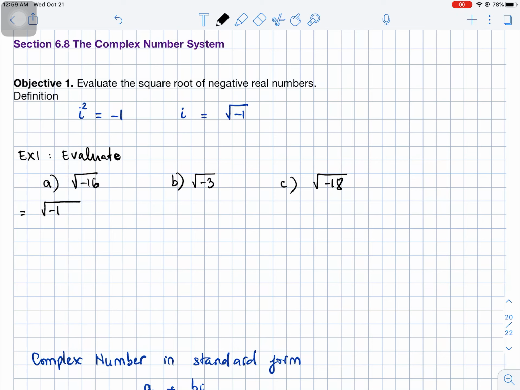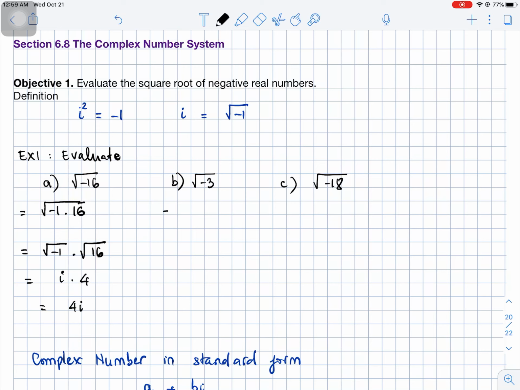Example number 1. We want to evaluate the square root of negative 16. You know that in the real numbers, or if we use the calculator, it will give you undefined. So we are able to do this problem using the complex number system.